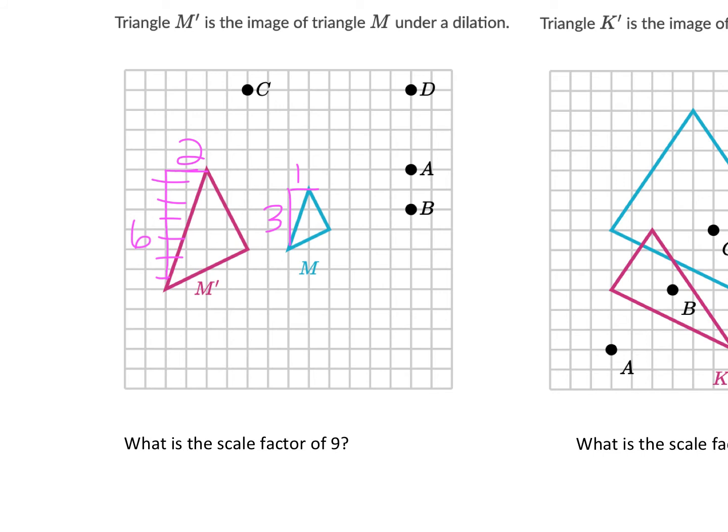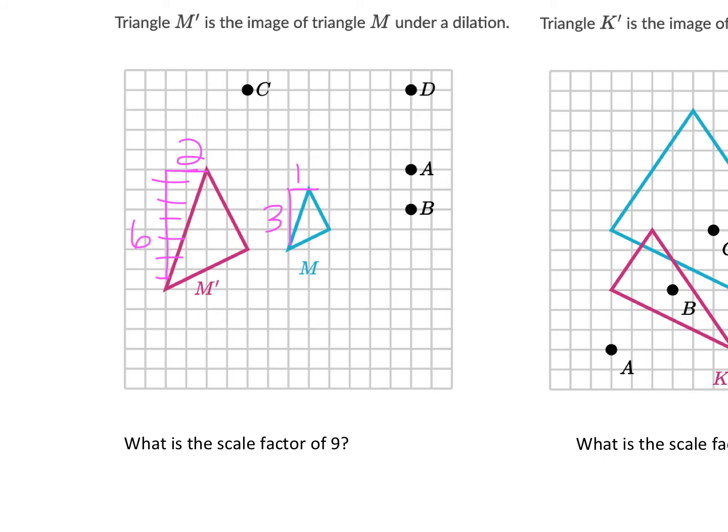And here's what I would do if I were you. First of all, besides the fact that the scale factor made the image larger, it should have also pushed M farther away from the center.